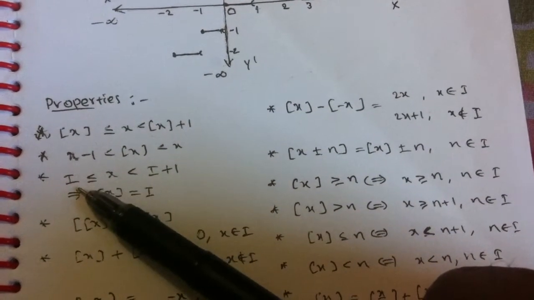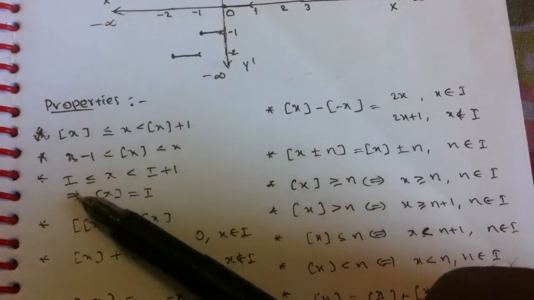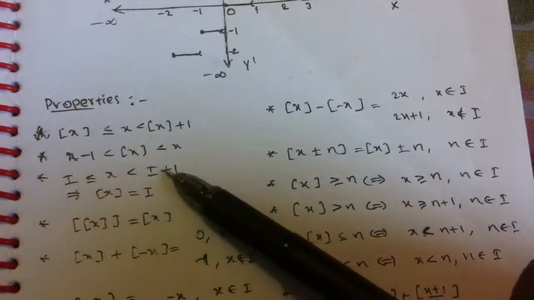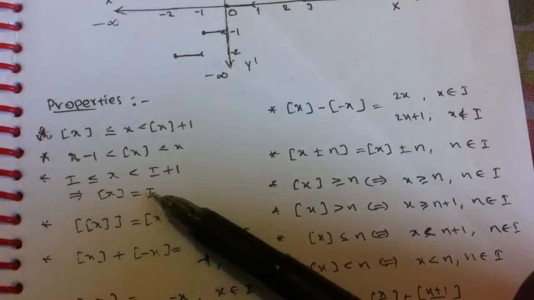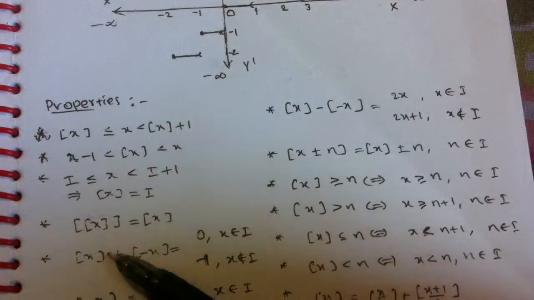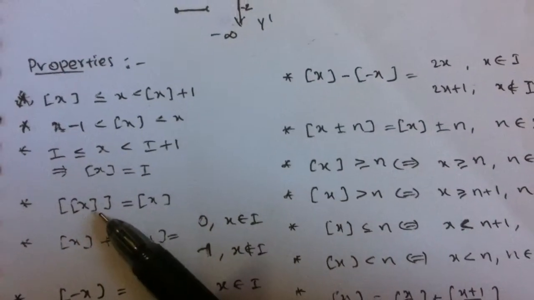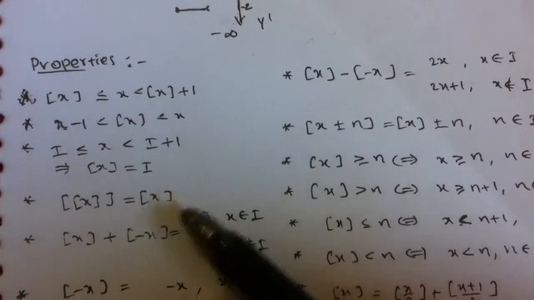Suppose I is an integer and x lies between the integer I and I plus 1, which is also an integer. Then step x is equal to I. Look at this property: step of step x is step x.